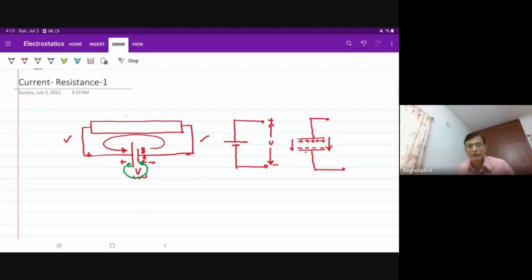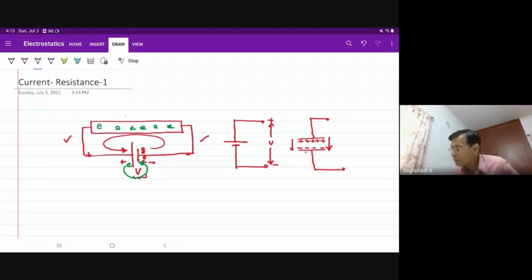It's something like this. Here we should know, given a fixed number of electrons in the system, electrons cannot come from space into the circuit. There are electrons inside the conductor. There are electrons on the conductors of the source, because of which there are a fixed number of electrons.